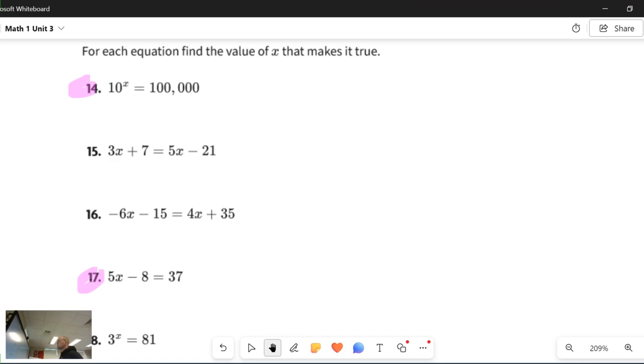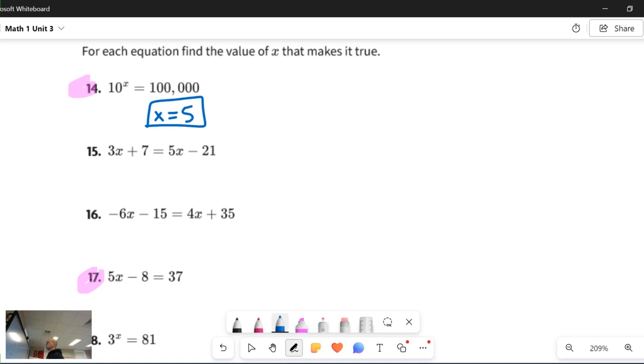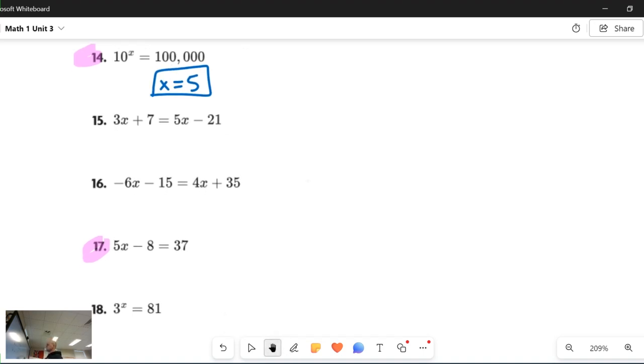Anytime you have a problem like this and you have 10 to a number, just go through and say how many zeros are there going to be at the end. Without doing a whole lot of thinking and guessing, we've got 1, 2, 3, 4, 5 zeros. So if we plug in 5 here and say 10 to the 5th power, we're going to get 100,000. So x is equal to 5.